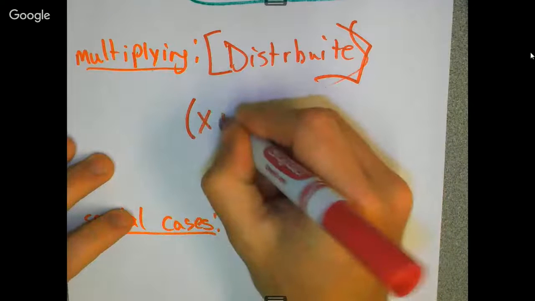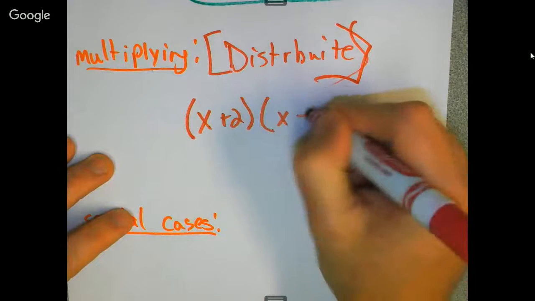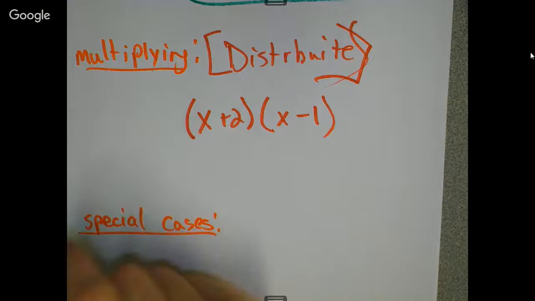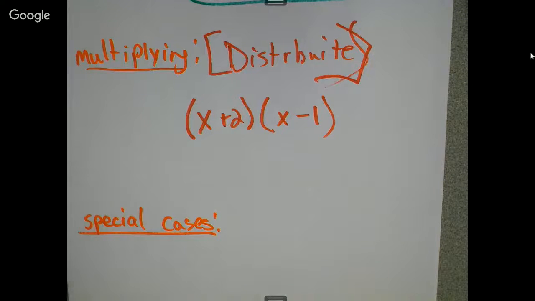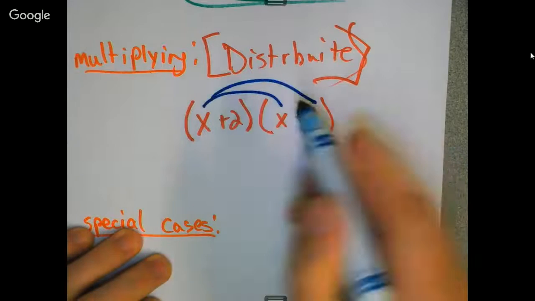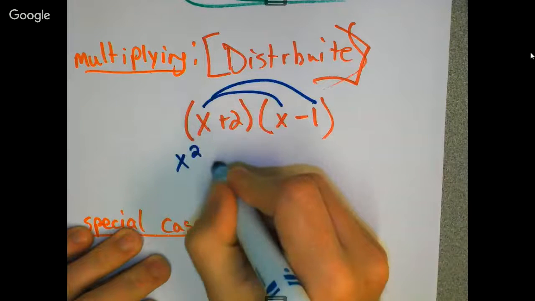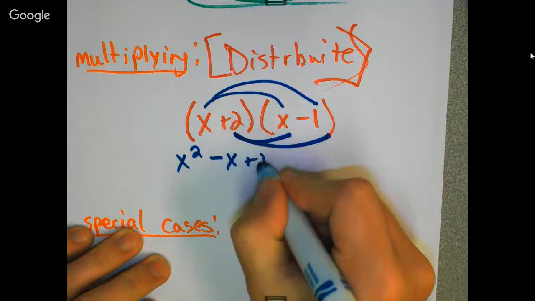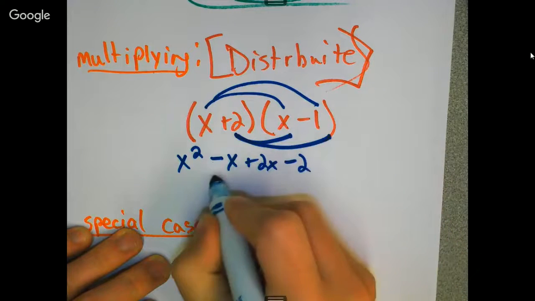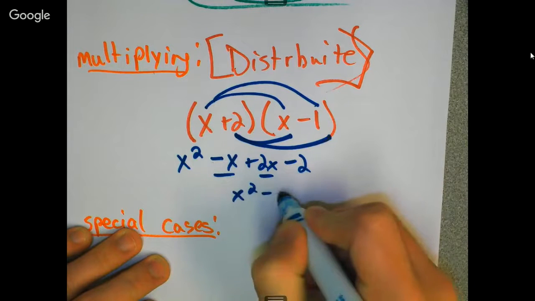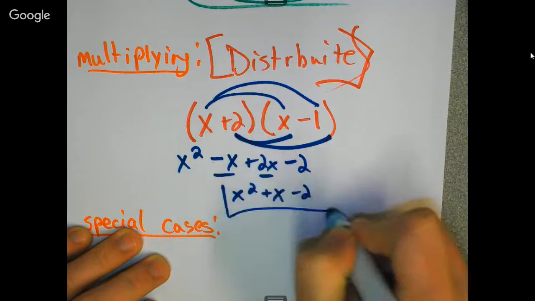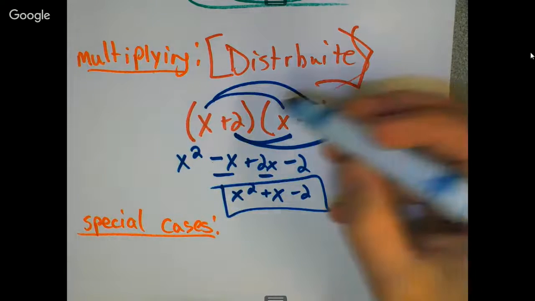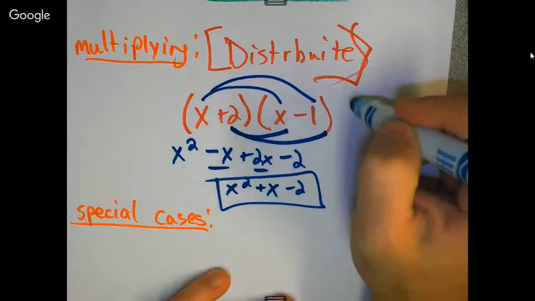But if I have this, okay, and we are multiplying this out, we're going, okay, so this first x here goes into both of those. So we have x squared minus x, and then this 2 is going to go into both of those. So plus 2x minus 2. And then again, we combine like terms if we can for our final answer.